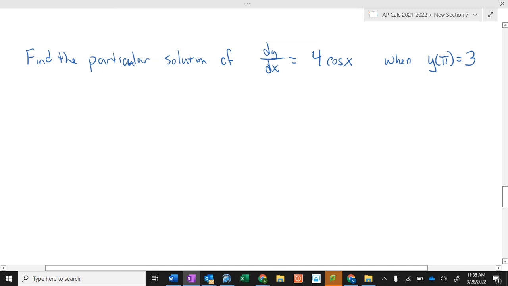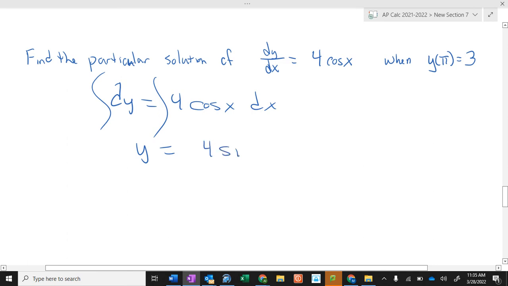All right. Find the particular solution of this bad boy. Okay, so then dy equals 4 cosine of x dx. Integrate. First, y equals 4 sine of x plus c.